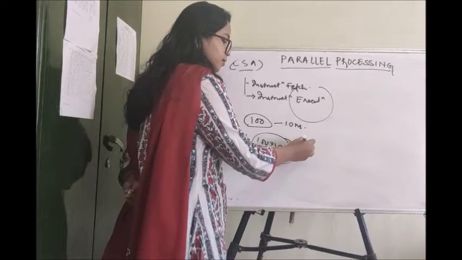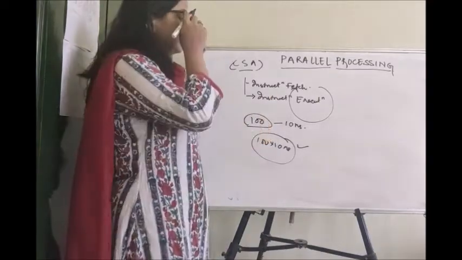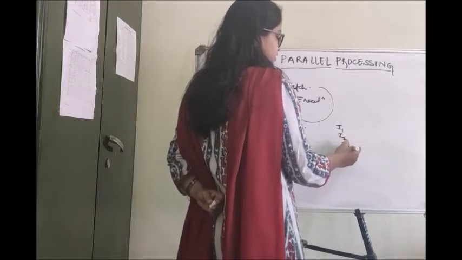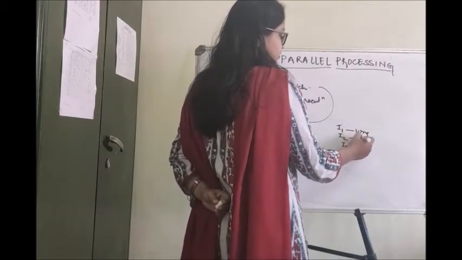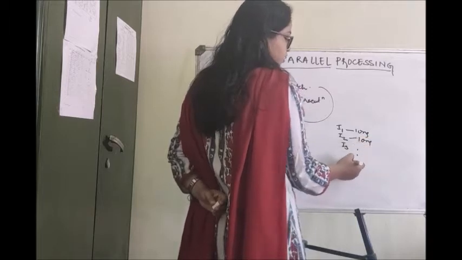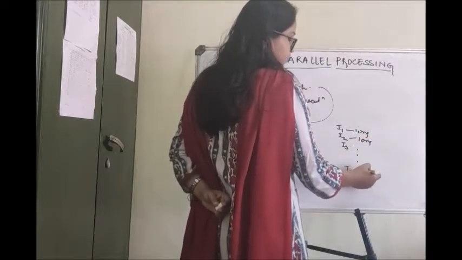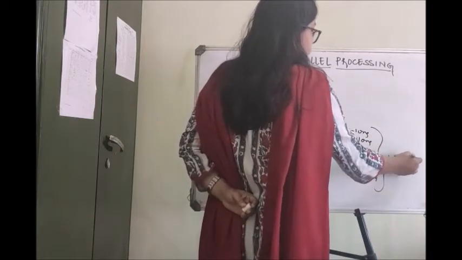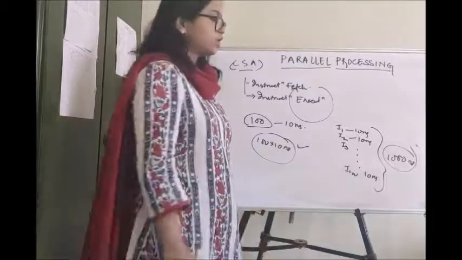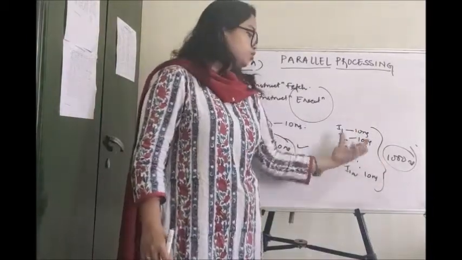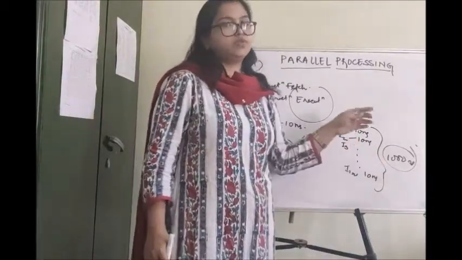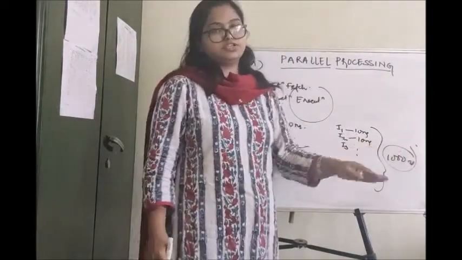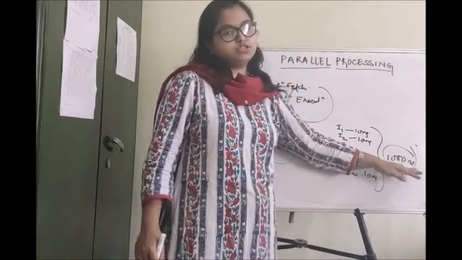If we perform all these instructions serially, first instruction 1, then instruction 2, then instruction 3, each taking 10 nanoseconds, until I100, in total 1000 nanoseconds are required to complete the entire 100 instructions one by one. So can we reduce this time? That is the question.